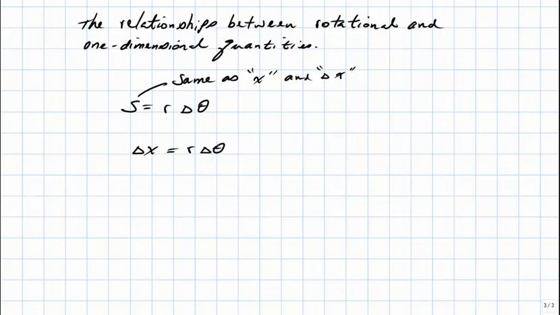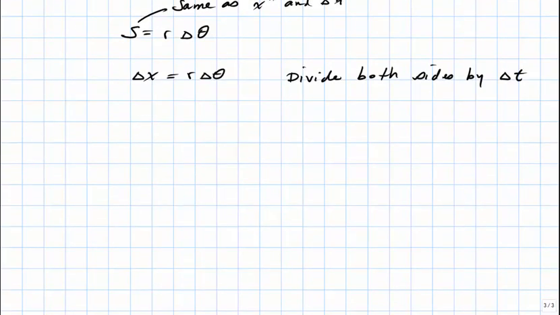We're now going to divide both sides of this equation by delta t. And the result looks like this. Delta x over delta t equals r times delta theta over delta t. Now we are familiar with delta x over delta t.